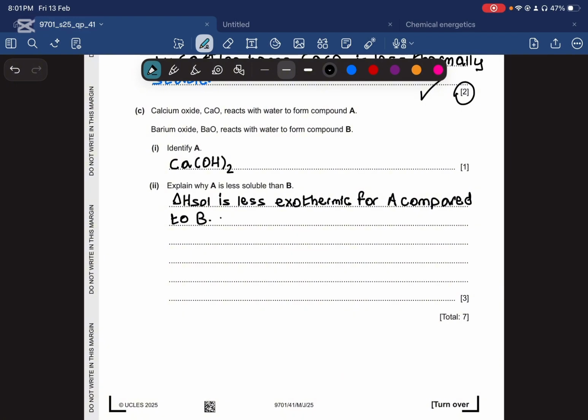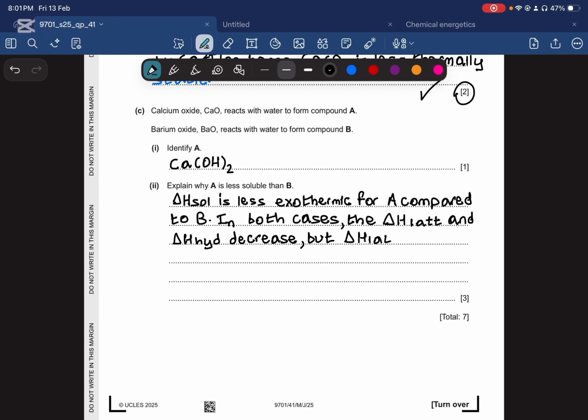Point number two. In both cases, the lattice enthalpy and the enthalpy change of hydration, which is what we talked about, decrease, but lattice enthalpy decreases more rapidly, or you could say becomes exothermic more rapidly.